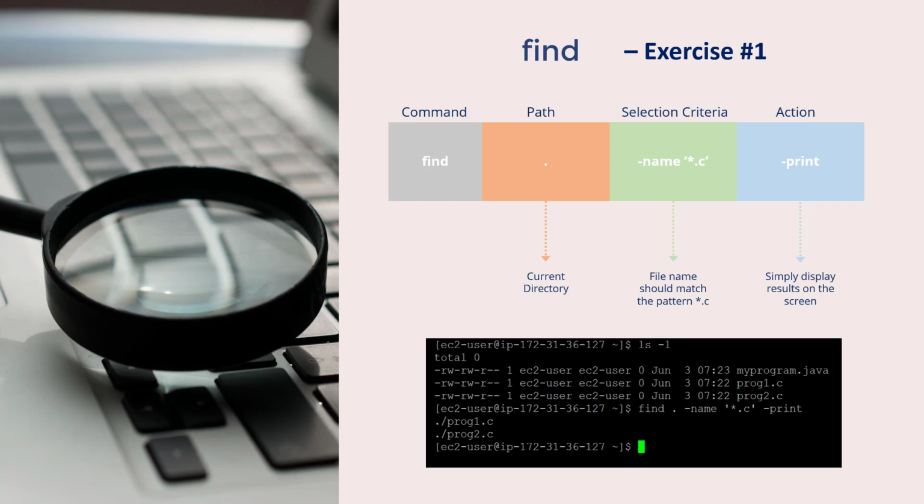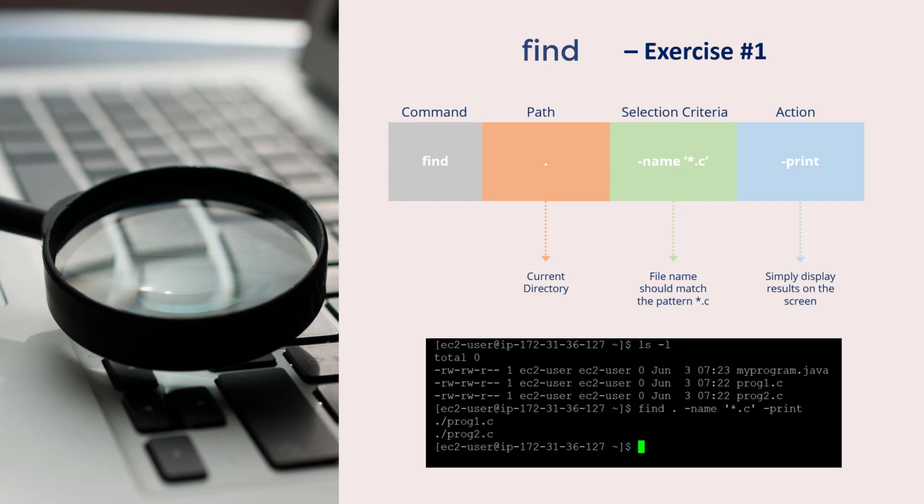The selection criteria in the green box is -name '*.c' in single quotes. This means select all files with the file name that matches the pattern *.c. Finally, we have the action which we have given as -print, which is the default action.